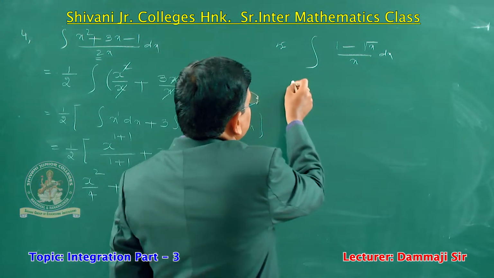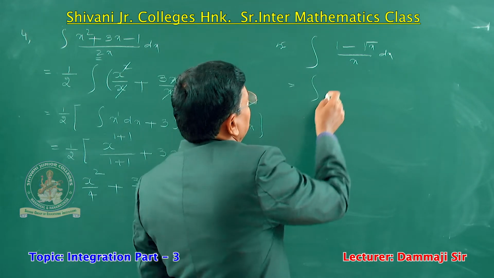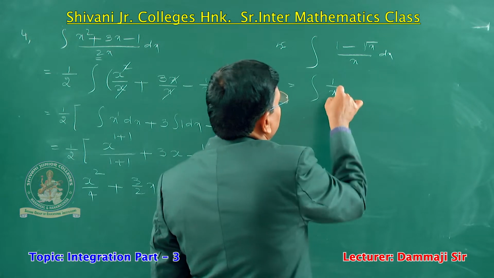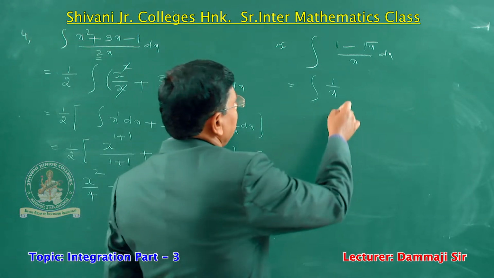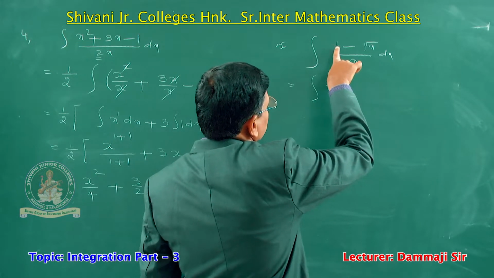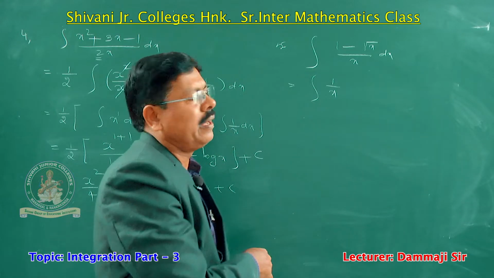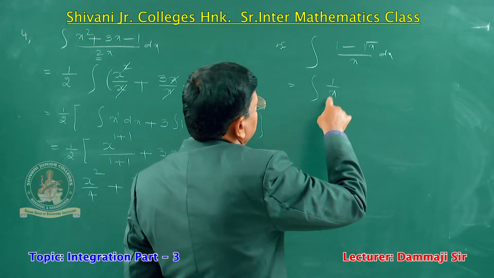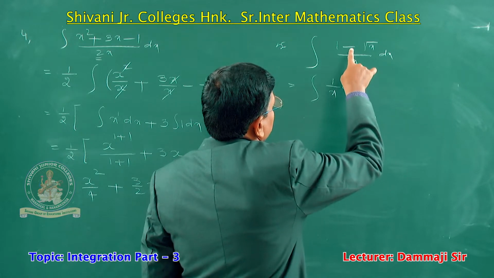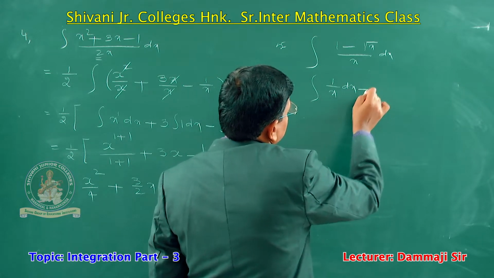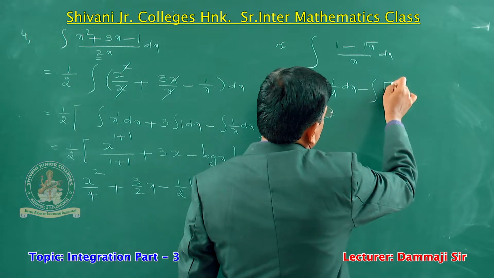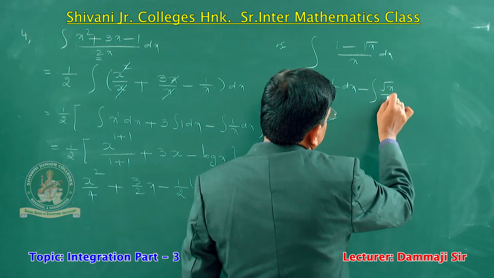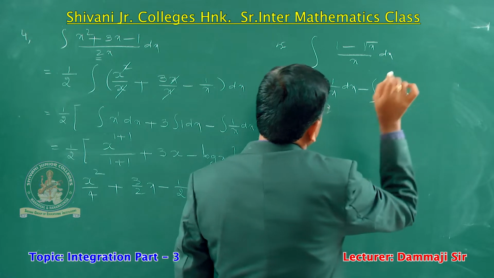It is one of the processes like splitting into partial fractions. The first term is integral of 1 by x. Keep the same sign here, minus. Then integral of square root of x by x.